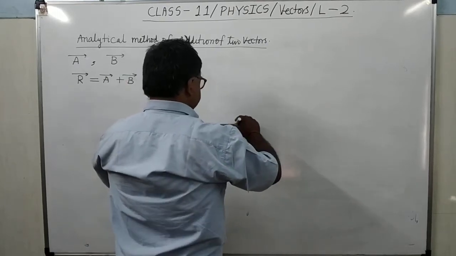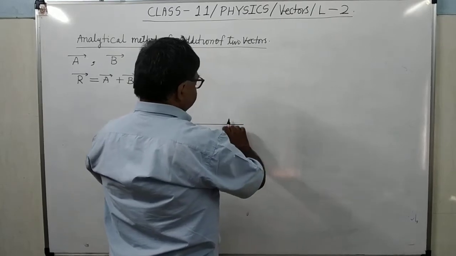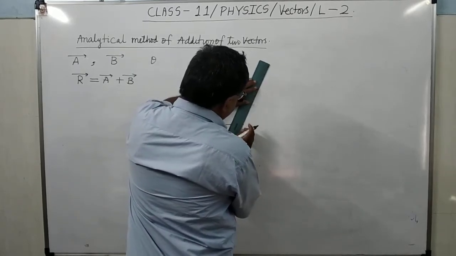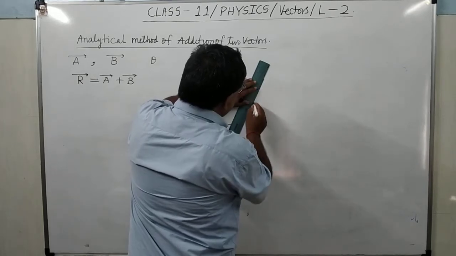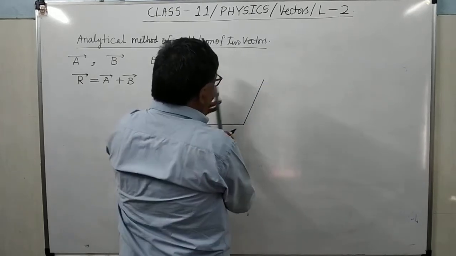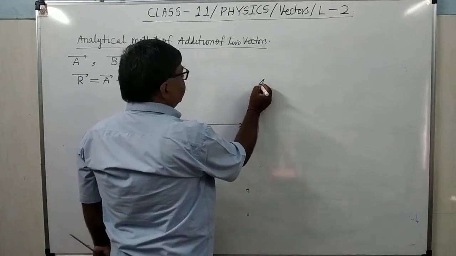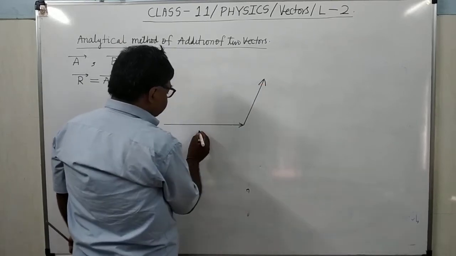This is the vector A. This is the vector B. Vector A is this and vector B is this.